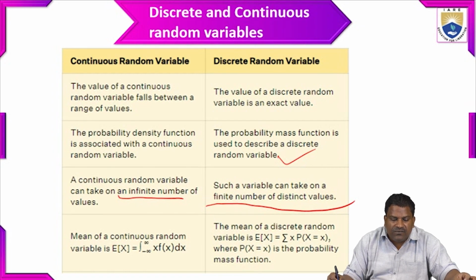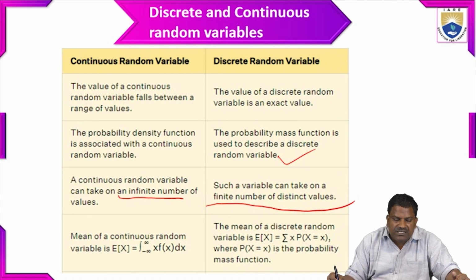If we see the fourth difference, the mean of a continuous random variable is E of x is equal to integral from minus infinity to infinity of x into f of x dx.